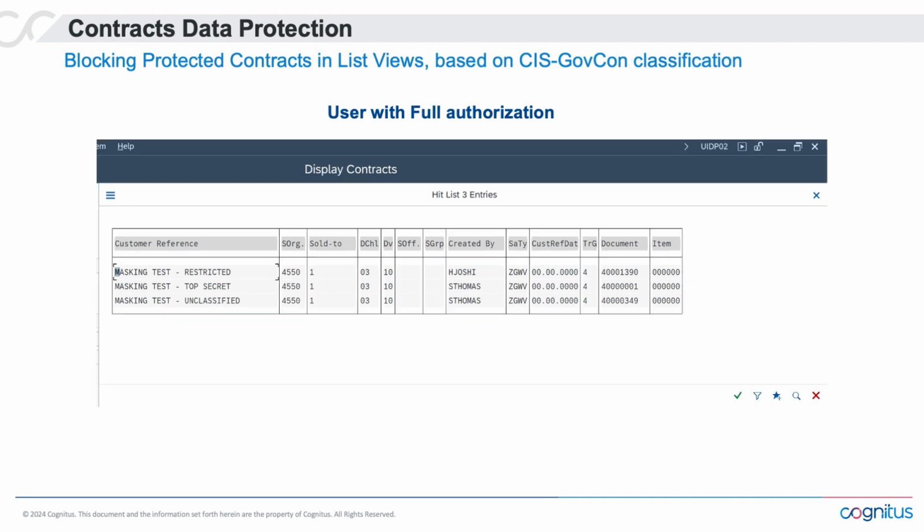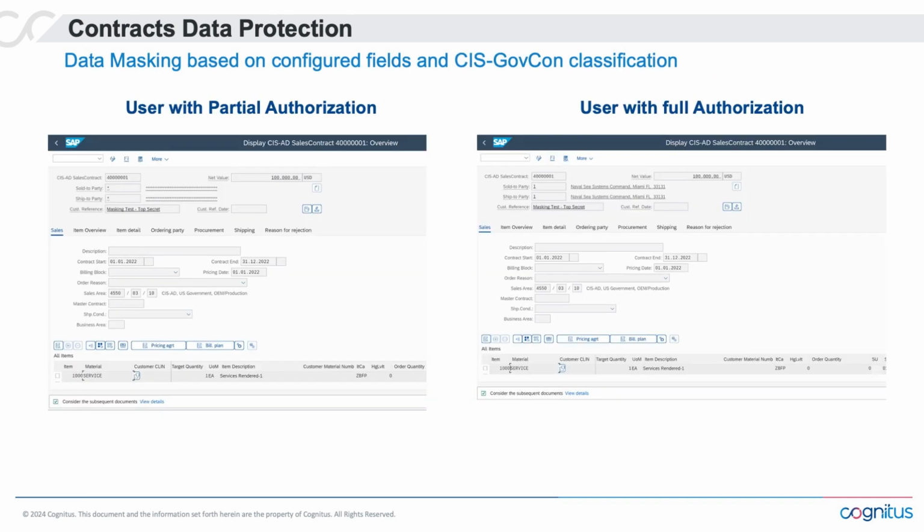The next user with full authorization can see non-sensitive and sensitive contracts along with partner information during a search in the application. So because the user has all the required authorizations, they're able to look at all the information on these documents. Now let's take a look at how protected documents look for two users with different levels of authorizations.